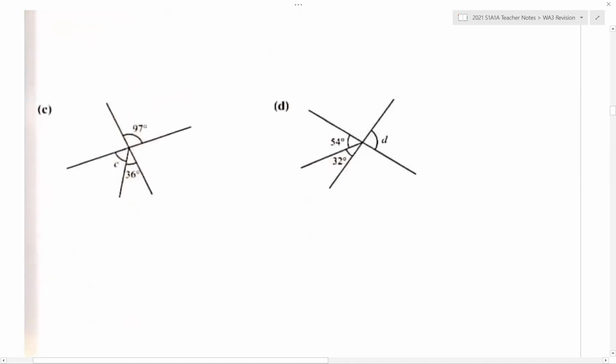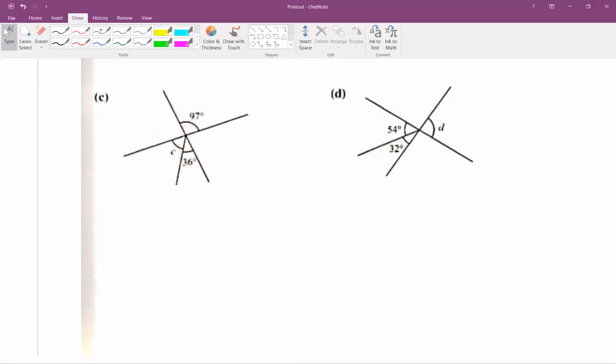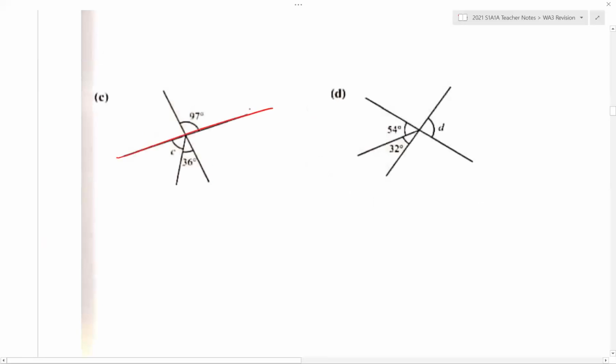C and D are very similar. I shall do question C. Your objective is to find the letter X. This X over here. So when you can identify this X, the 97 degrees will be our C plus 36.